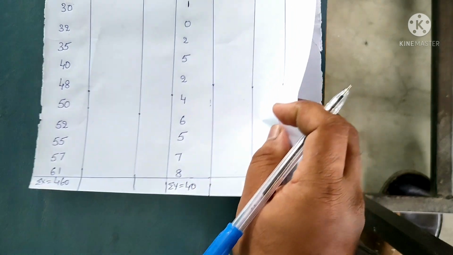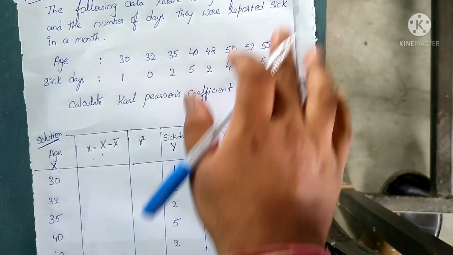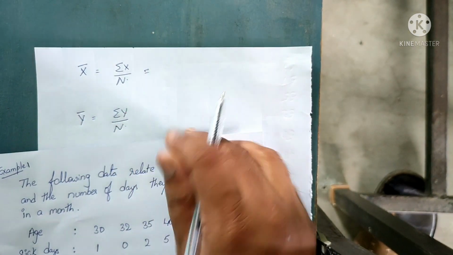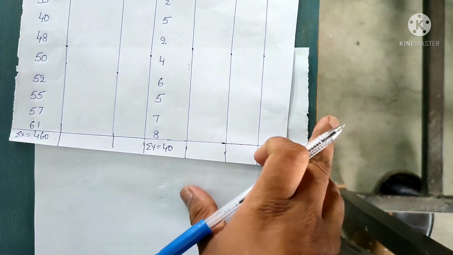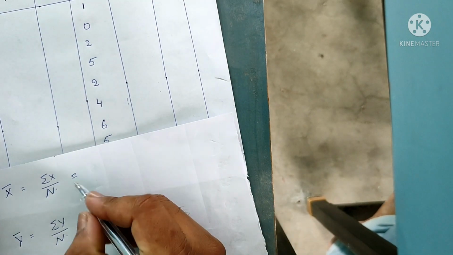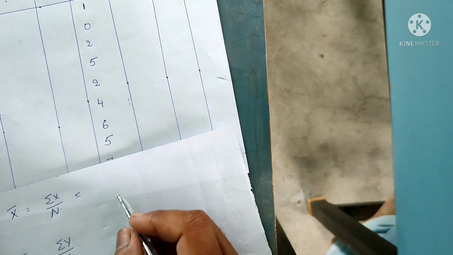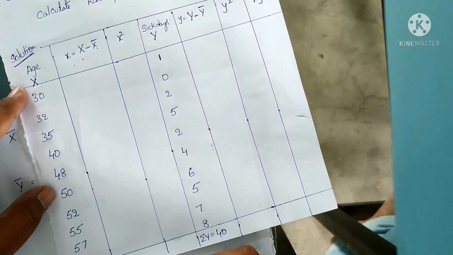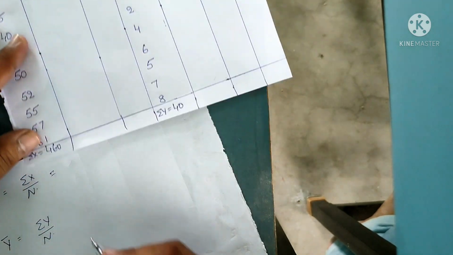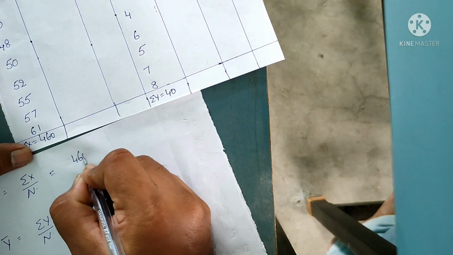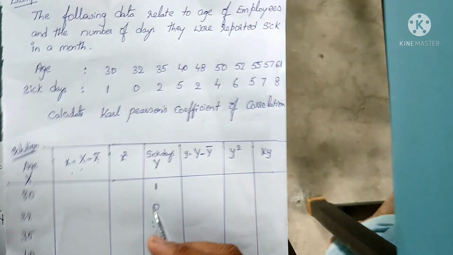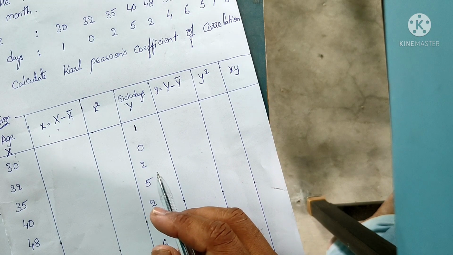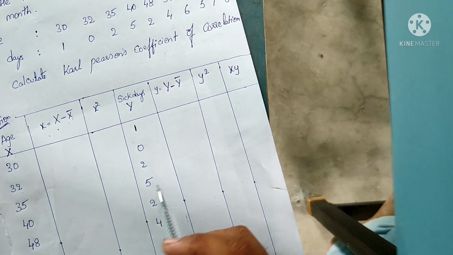First we have to calculate the mean. Mean formula: x bar equals sigma x by n, where sigma x is the summation of all the x values, 460, by n. N means number of pairs of observations.